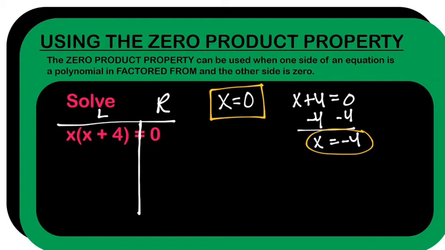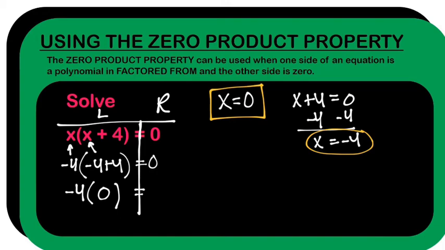Now I'm going to check my solution x equals negative 4. So I'm going to replace this x with a negative 4, and I'm going to replace this x with a negative 4. And I'm hoping that the left side will equal the right side, which is 0. So the negative 4 on the outside, I can't do anything with that. On the inside of my parentheses, negative 4 plus 4 turns into 0.